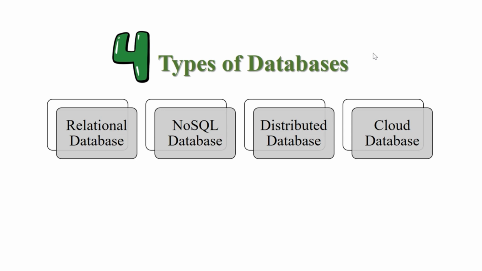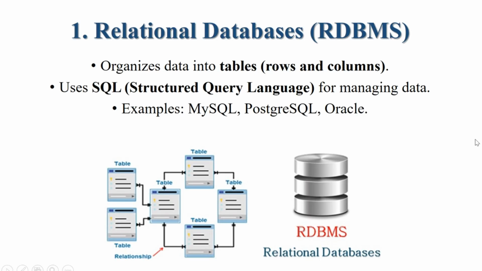Next, we have the four types of databases. First is relational database. Second is NoSQL, which stands for not only structured query language. Third is distributed database, and the fourth one is the cloud database. Let's first talk about relational databases. Relational databases are the most common type.